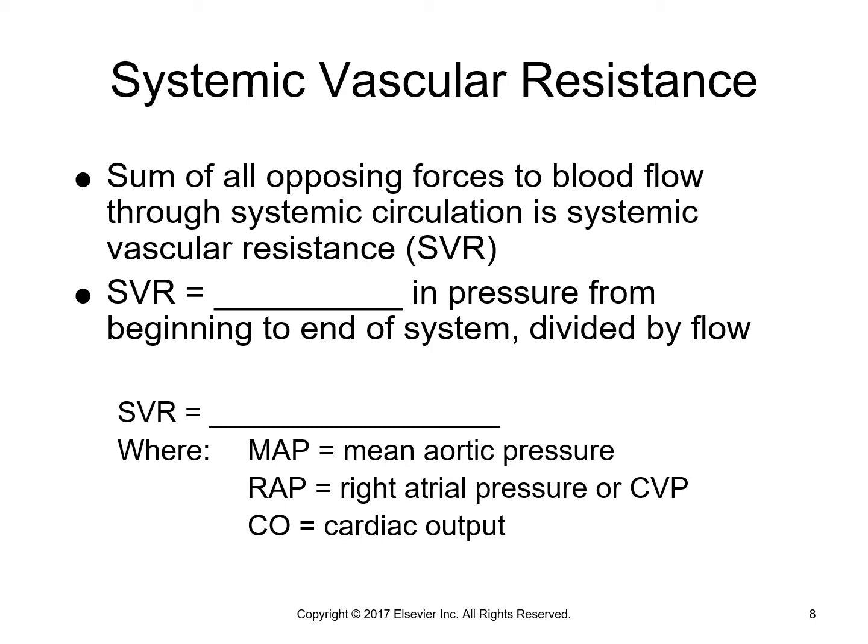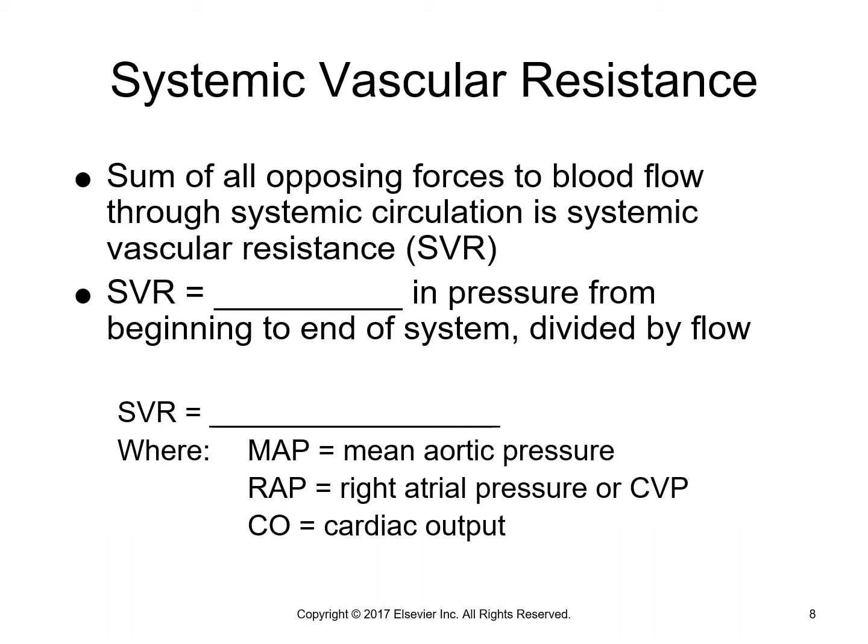You put that on the top part of the fraction, with the line underneath it, divided by CO, cardiac output. So there's your change in pressure. When you think of the systemic, you're going to have the mean aortic pressure, and that's going to be your higher number.